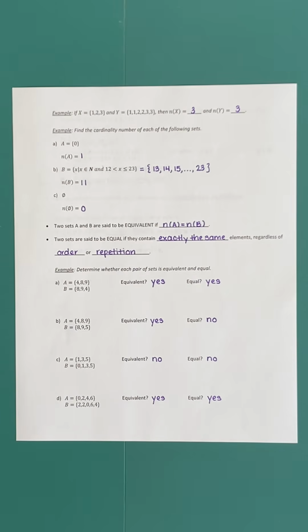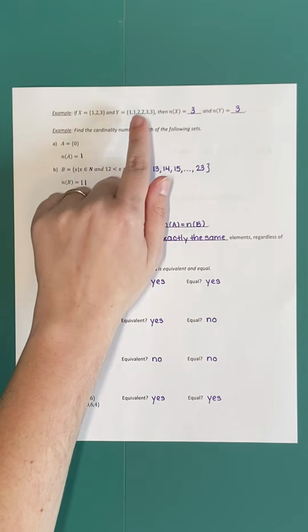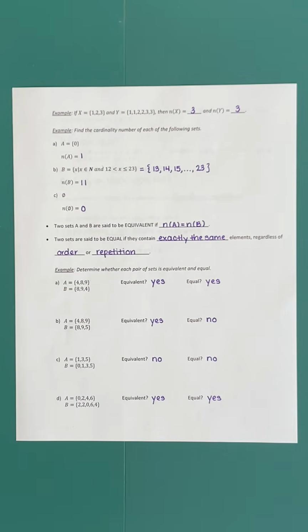You can have situations where there are duplicates listed, for instance, like this, but if you're going to write a set yourself in the context of a problem, you typically only want to write something one time. Even if it is duplicated in the context of your problem, you typically only want to include it one time in the set, based on this issue of cardinality and the fact that we don't really consider repeats. Now let's look at a few more.